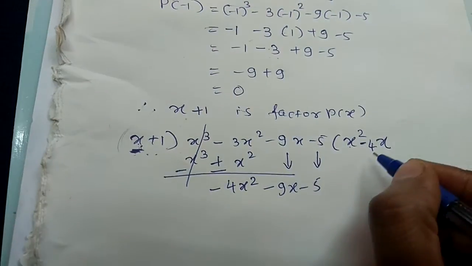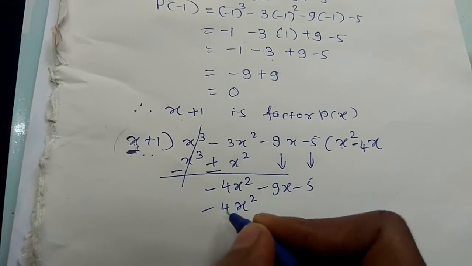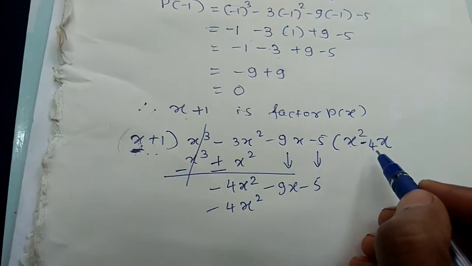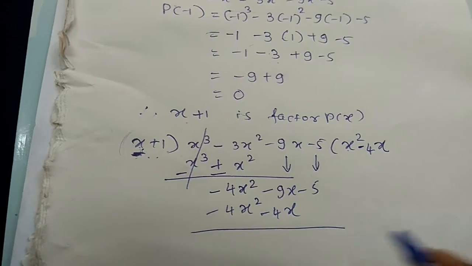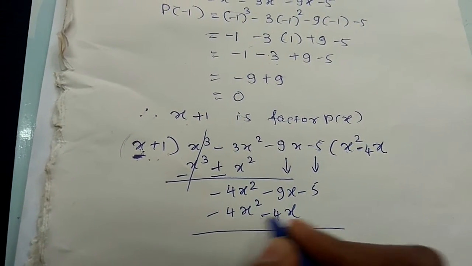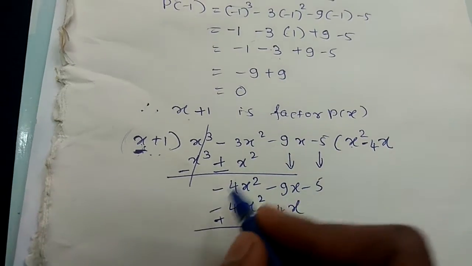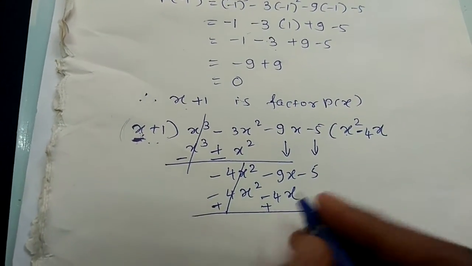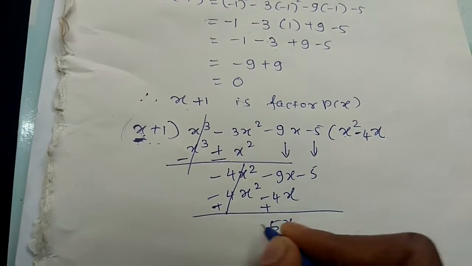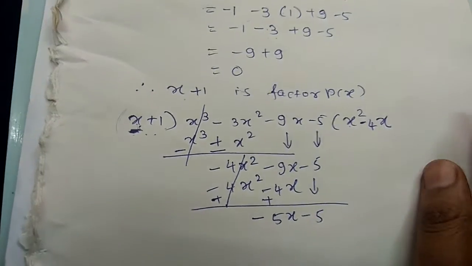So x into minus 4x is minus 4x square, plus 1 into minus 4x is minus 4x. You know the multiplication of terms of polynomials; just change the sign of the second row. Remember you have to get the same along with the sign. So minus plus will get cancelled. Minus 9x plus 4x will be minus 5x, with the sign of the bigger digit, that is minus 9. Minus 5 will come as it is.